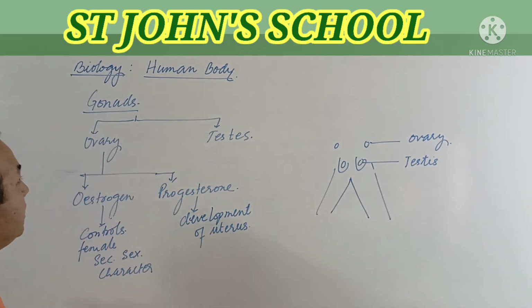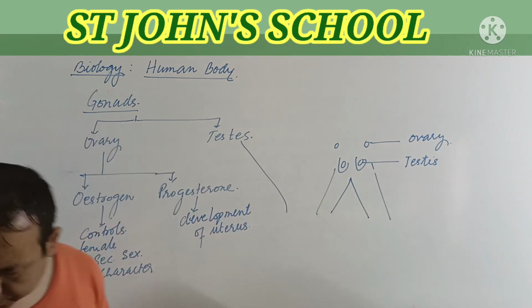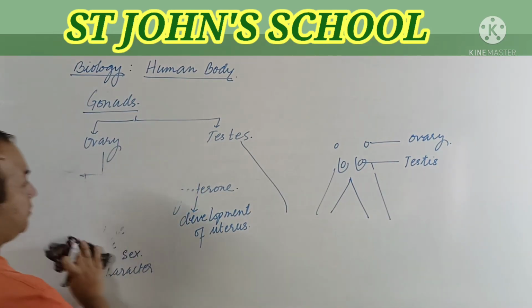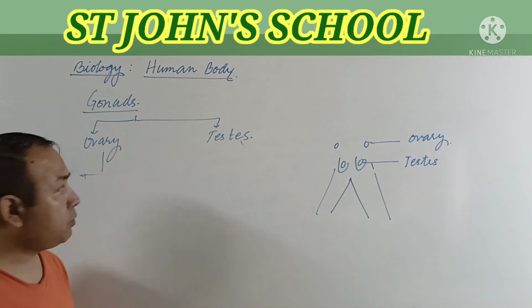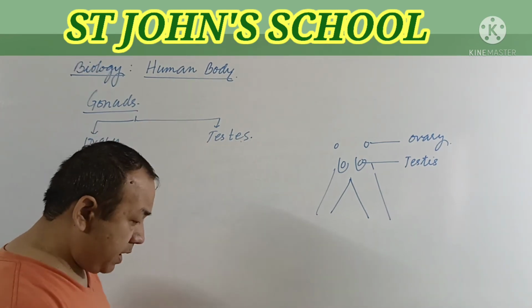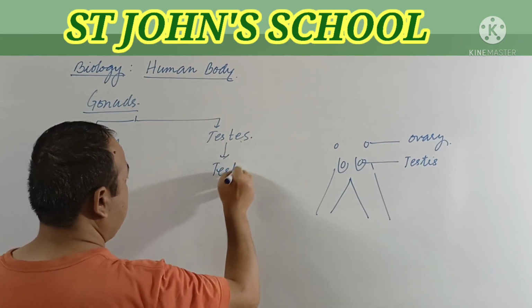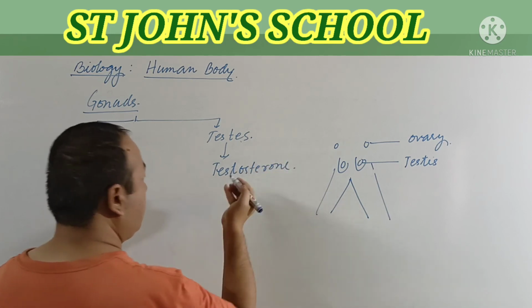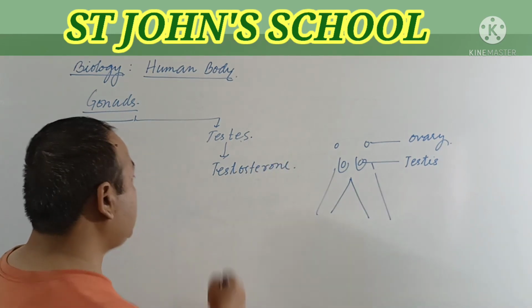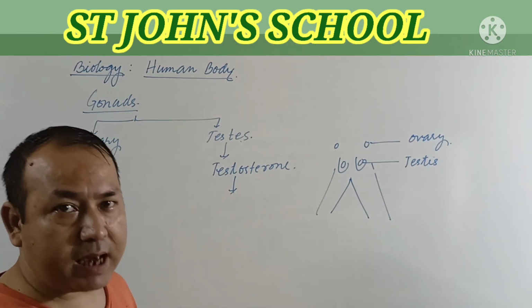Then about the testes, they release hormones; here only one is given, that is testosterone, which is also called the male hormone, and this testosterone hormone is responsible for developing male secondary sexual characters.